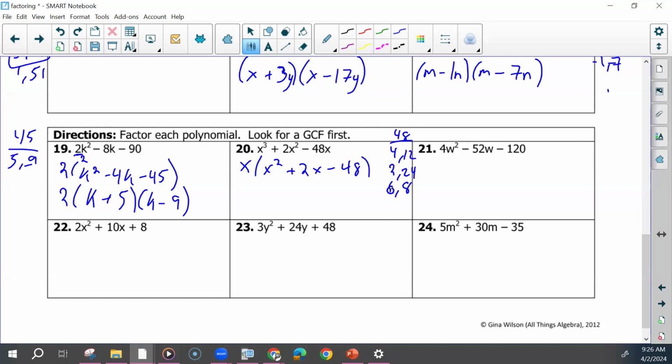That was supposed to be a 6. 3 and 16 also works. But 6 and 8 would be our two factors. Which of those would be the negative? We have x on the outside, x minus 6, and then x plus 8.